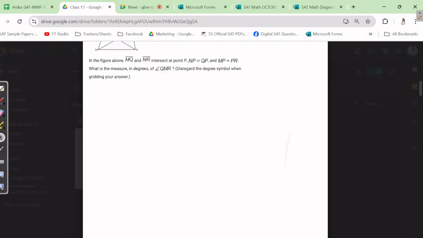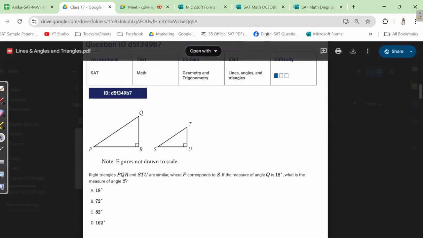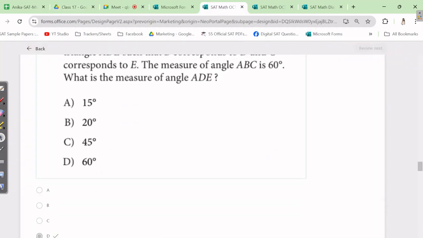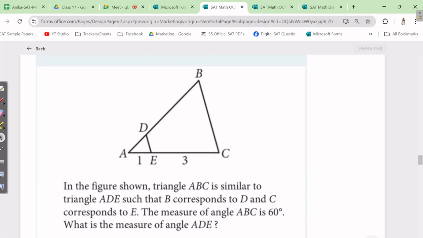Okay, number 7. This is based on similar triangles. I got B. Measure of angle S, measure of angle Q. Let me check. Yeah, B is correct. You got it right. What is the measure of angle ADE?